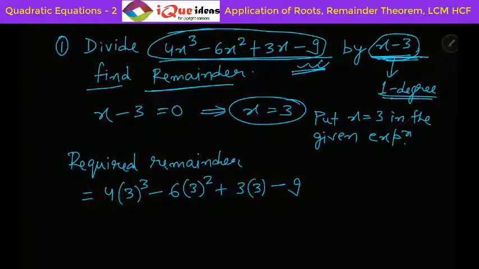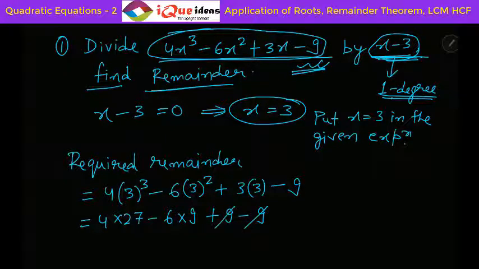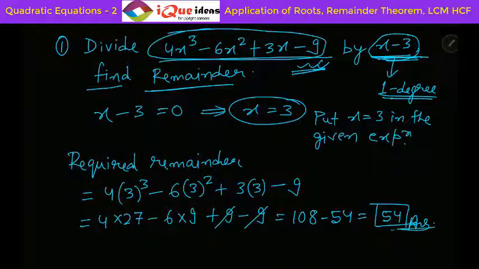Now just simplify this. 4 into 3 cube is 4 into 27, minus 6 into 3 square is 9, plus 3 into 3 is 9, minus 9. Now 9 and 9 are cancelled. 4 into 27 is 108. 6 into 9 is 54. So 108 minus 54 is 54. So the final answer of this question is 54.